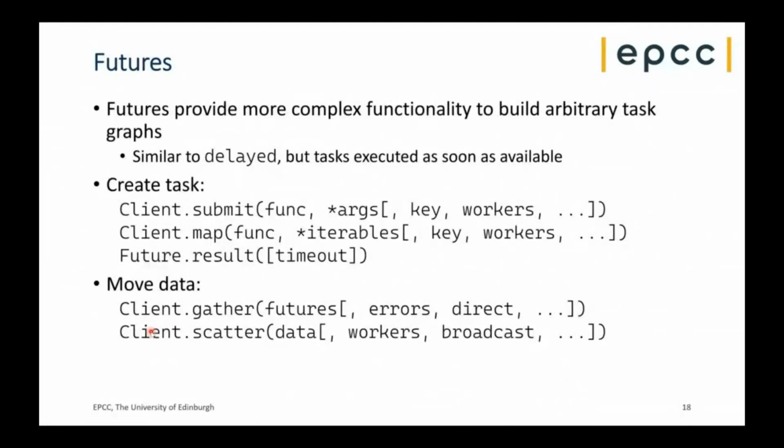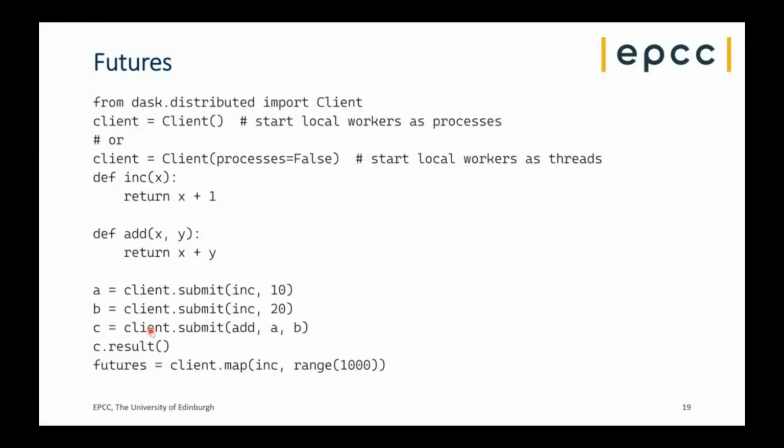And futures let you do this, but in an even more complex way. So futures let you build completely arbitrary task graphs. Similar to delayed, but tasks execute as soon as they're available, and you can do more complicated things inside them. So here's an example of my functionality again.